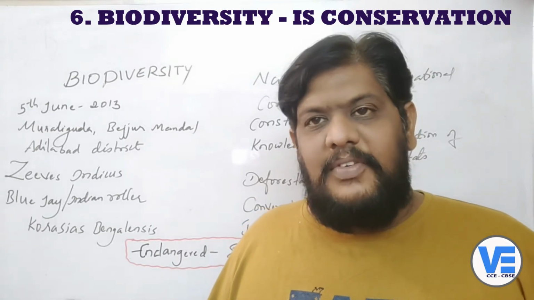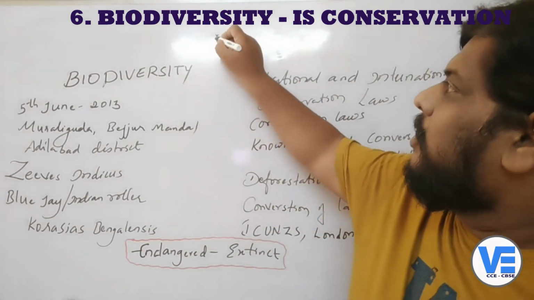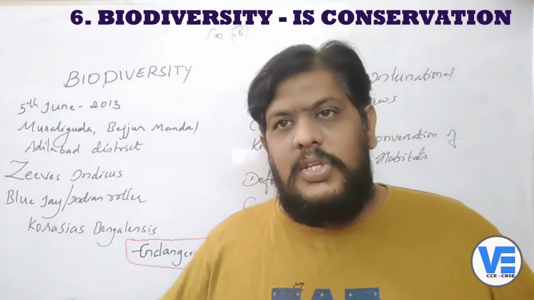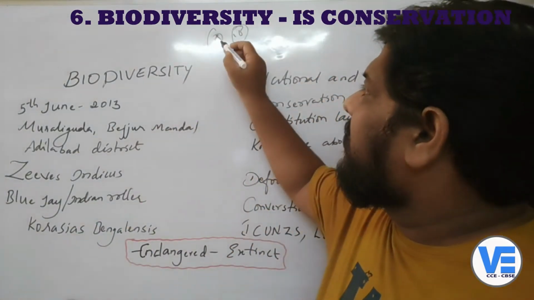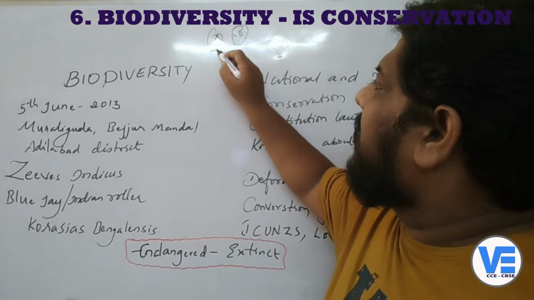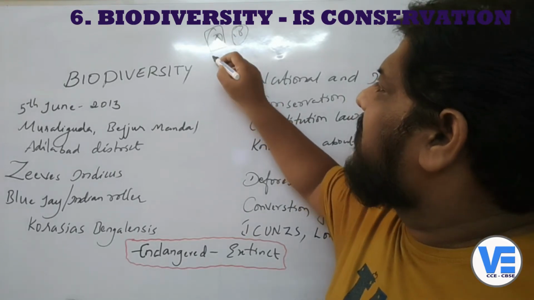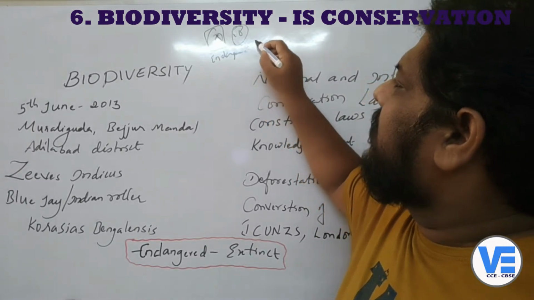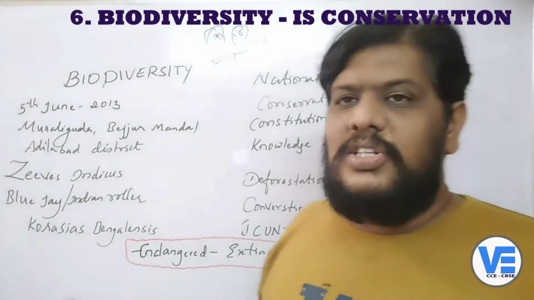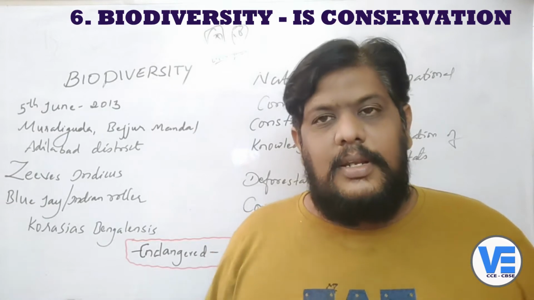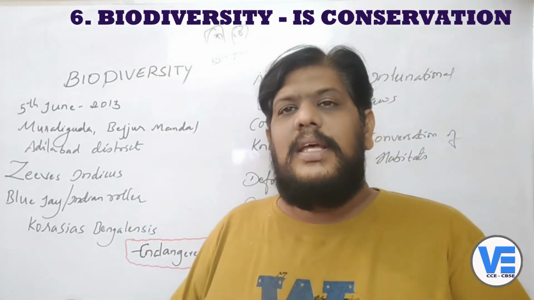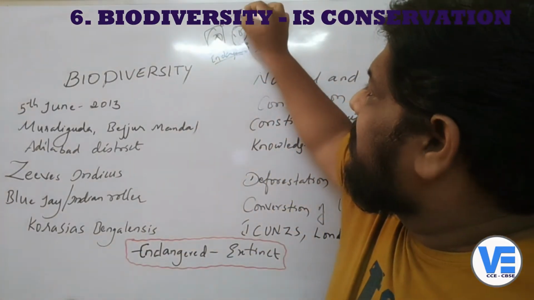For example, if only 10 animals of some species are left, after 1 or 2 years all the 10 animals will die. So before that, we say that it is in the endangered list. There is a fear of extinction. All these animals are going to become extinct within no time. Those animals are called endangered animals.